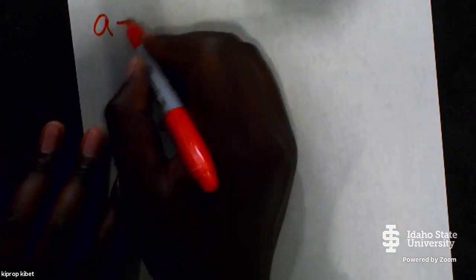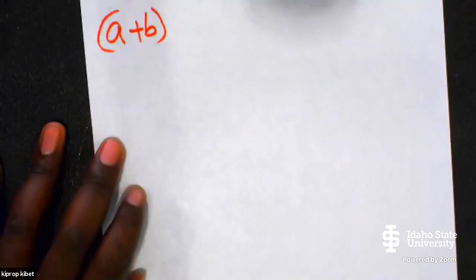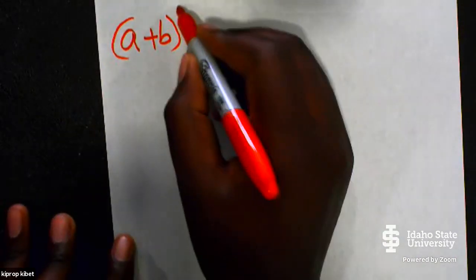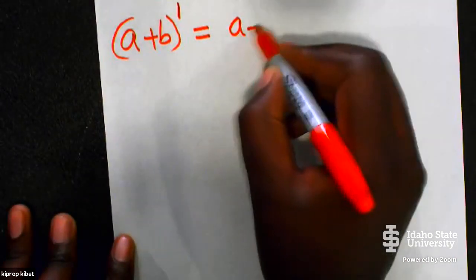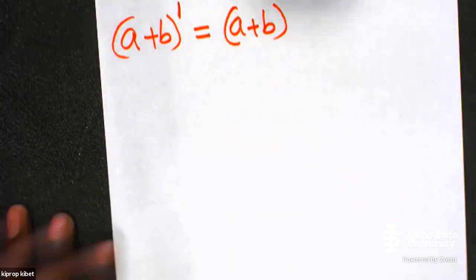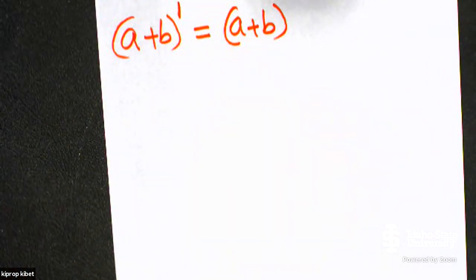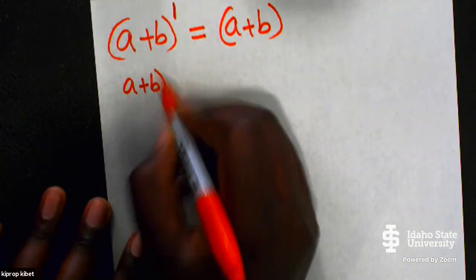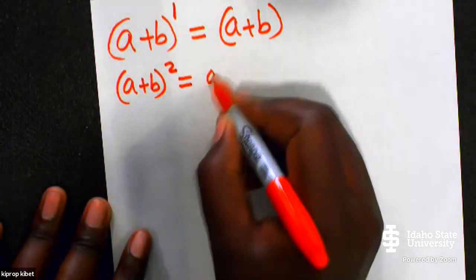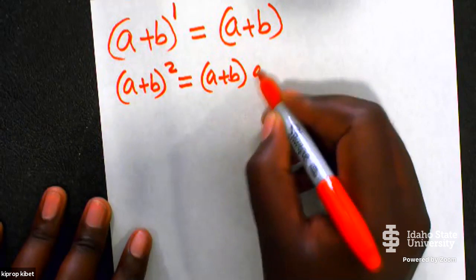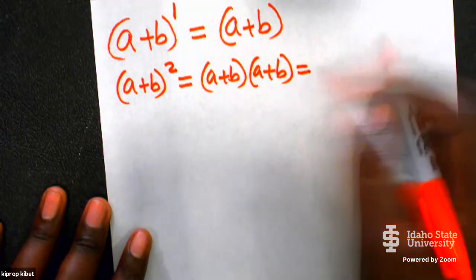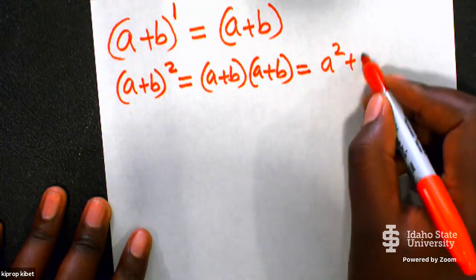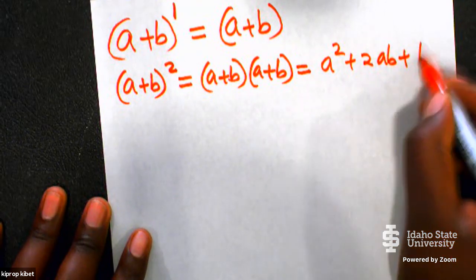So like what I said, if you are given a plus b, we can start by a plus b raised to 1, which is the same as a plus b. A plus b squared is the same as (a plus b)(a plus b), which equals a squared plus 2ab plus b squared.